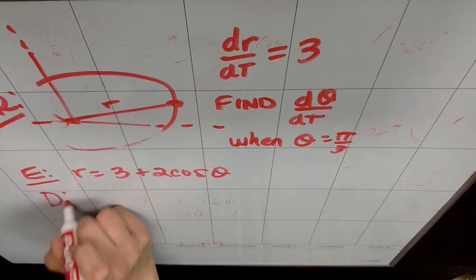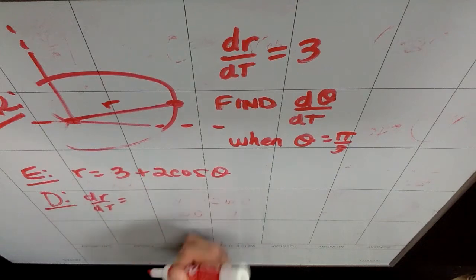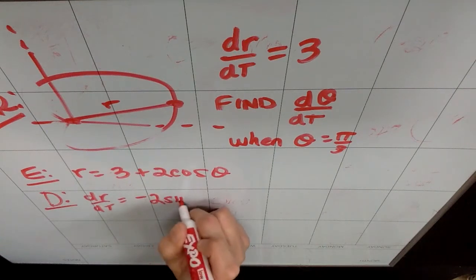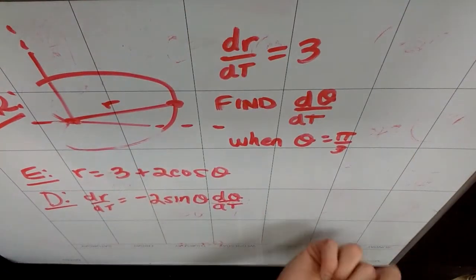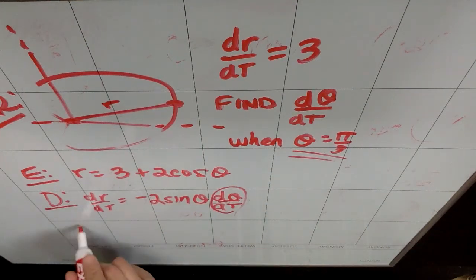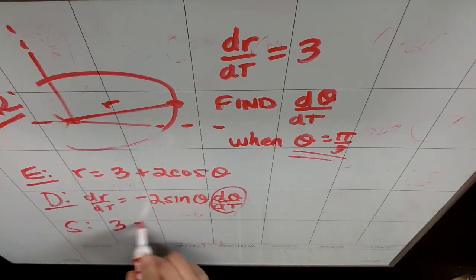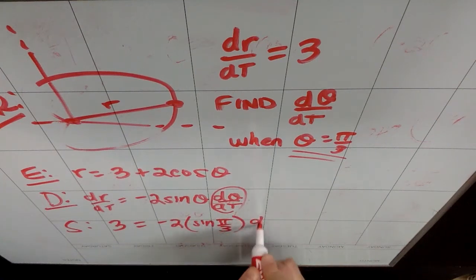Then we differentiate with respect to time, right? So dr dt equals, the 3 will go away, I get negative 2 sine of theta d theta dt, right? And this is the thing I want to find. I want to find it at the moment when theta is pi over 3, and I know dr dt. So when I substitute in, 3 equals negative 2 times the sine of pi over 3 times d theta dt.